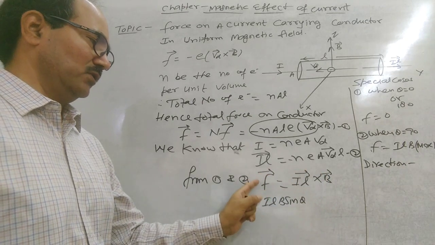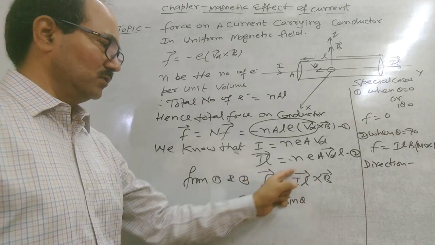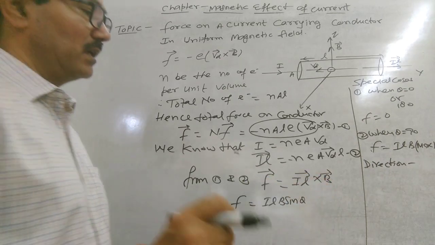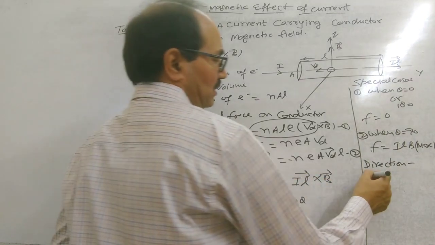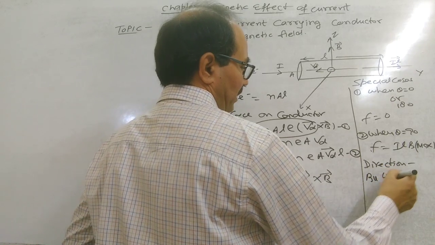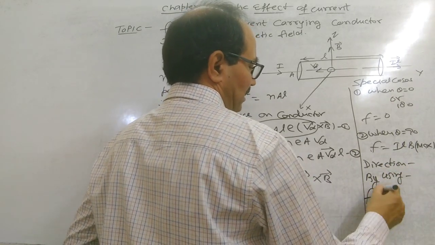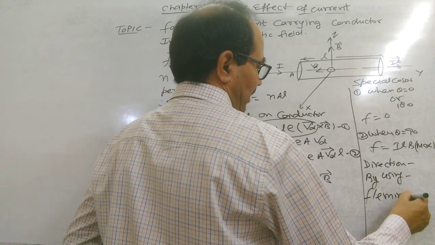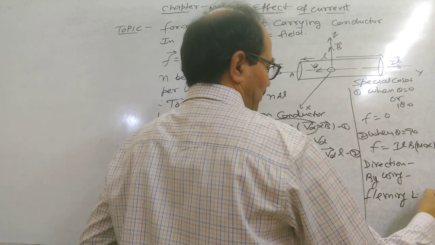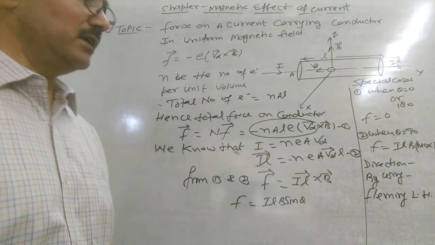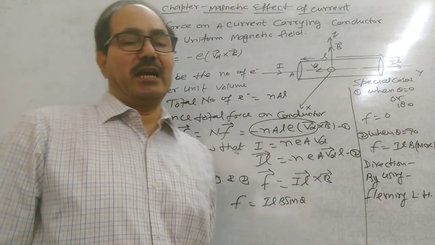The direction of force is perpendicular to this vector and this vector, or the direction can also be found out by using, इसकी डायरेक्शन हम किससे निकाल सकते हैं, फ्लेमिंग्स लेफ्ट हैंड रूल की हेल्प से भी direction of force can be found out.